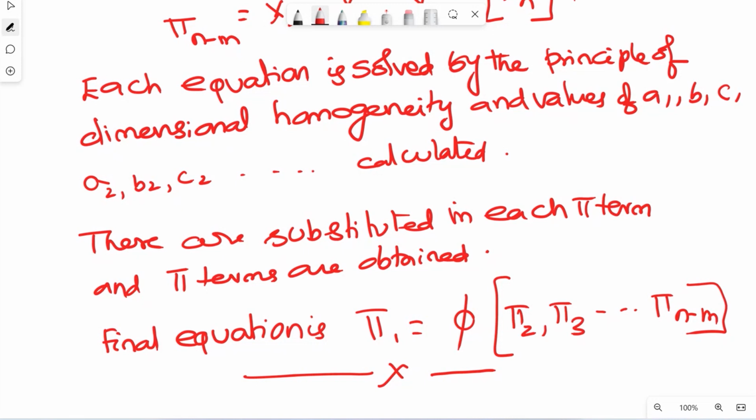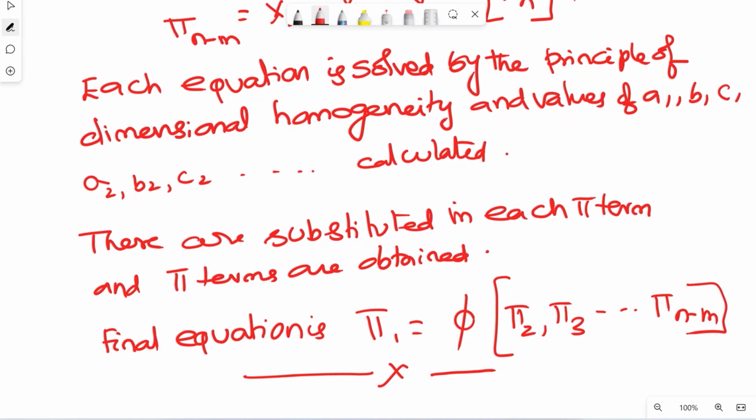Next, when you are evaluating each pi term, kindly remember each pi term consists of m plus 1 variables, that is 4 variables. Out of these 4 variables, 3 will be repeating in all the pi terms. There will be only one extra variable. Now next, after writing each pi term, we take it for granted that each equation is dimensionally homogeneous and find out the exponent values.